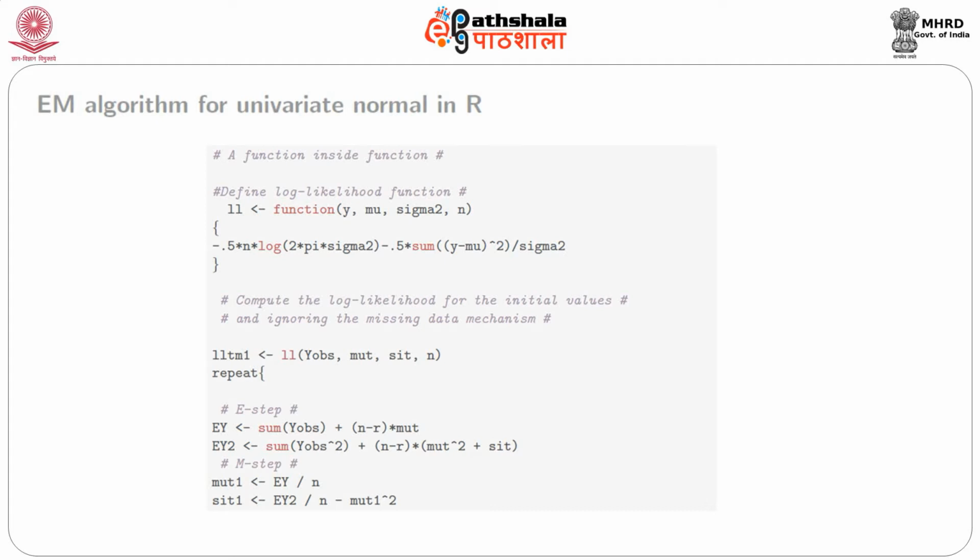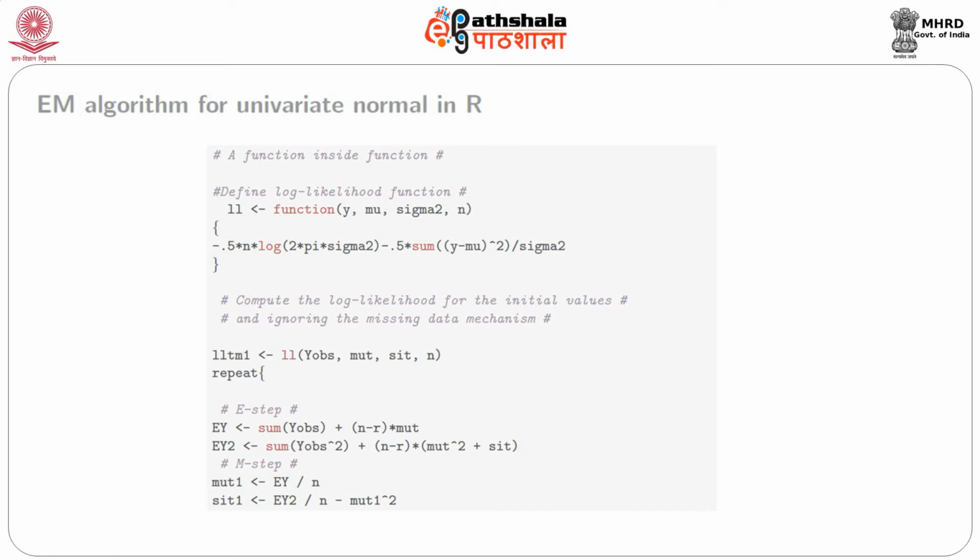Now, we set the initial values. By default, the MIT value is passed to the argument MUT, and the initial value of the standard deviation, SIT, is passed to SI. Then we define the log likelihood function.